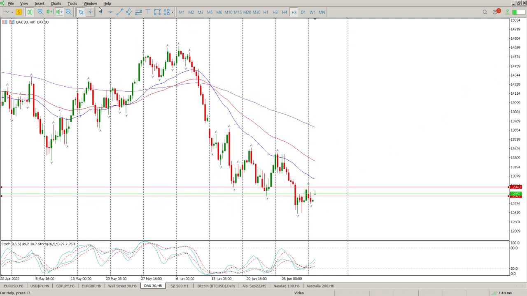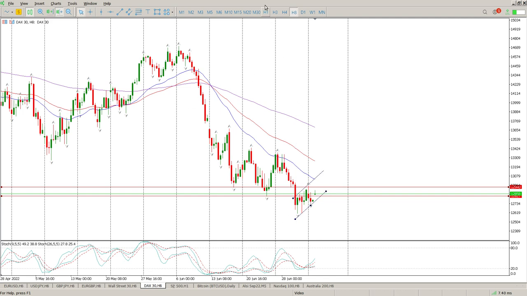This little pattern that's forming here looks more and more like a flag at the moment. There it is. So obviously what you'd be paying attention to is a break of that flag.